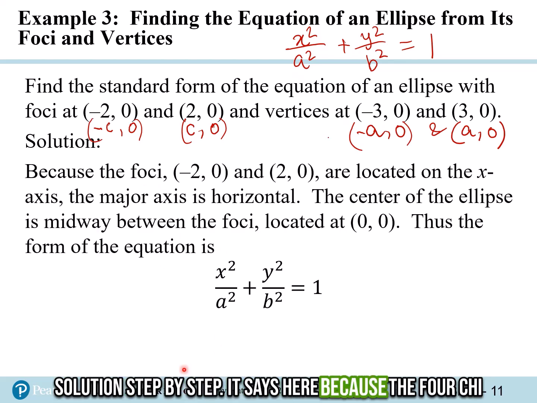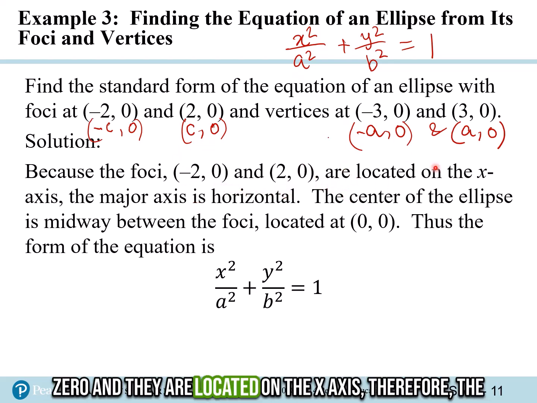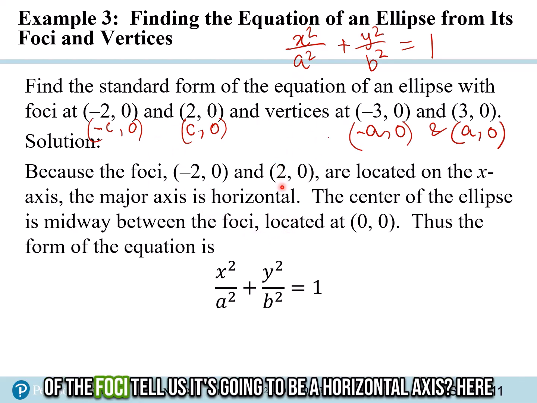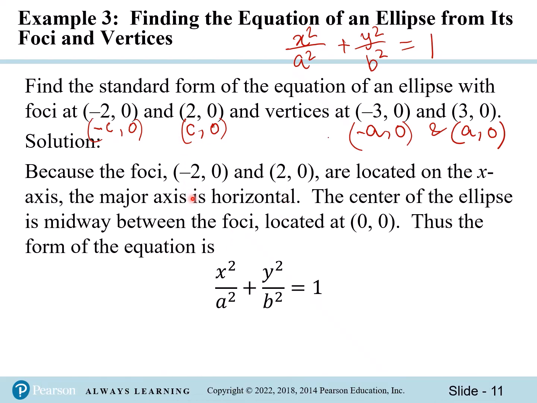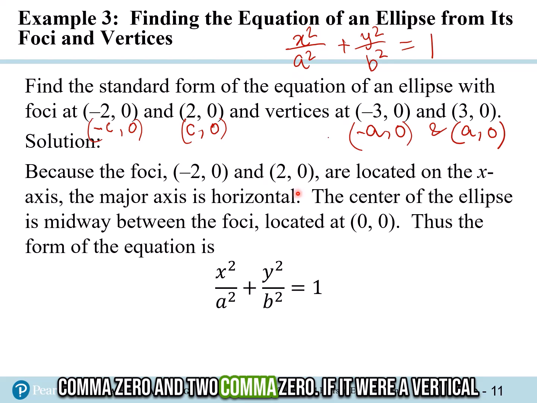It says here, because the foci has coordinates -2, 0 and 2, 0, and they are located on the x-axis, therefore the major axis is horizontal. Now, how do the coordinates of the foci tell us it's going to be a horizontal axis? Here we see c is the first coordinate in each of these ordered pairs, right? It's -2, 0 and 2, 0.